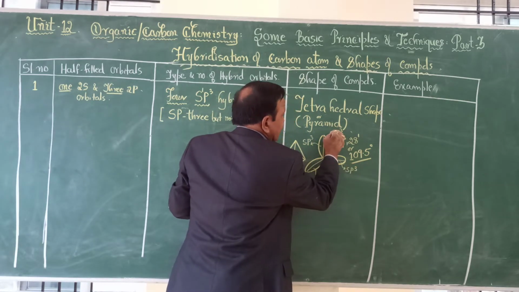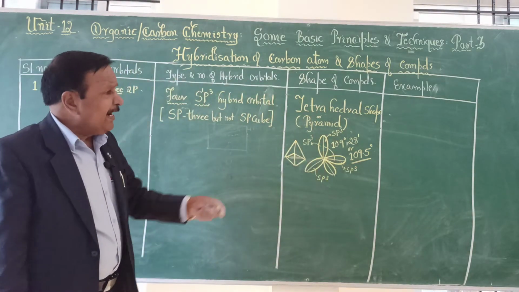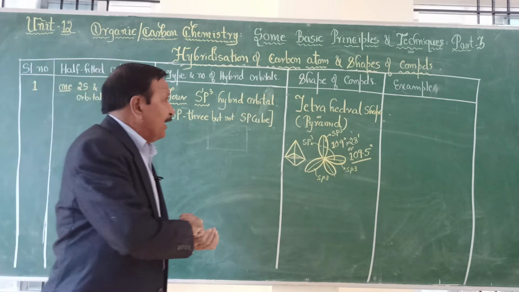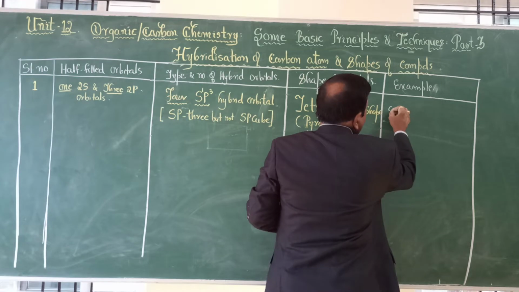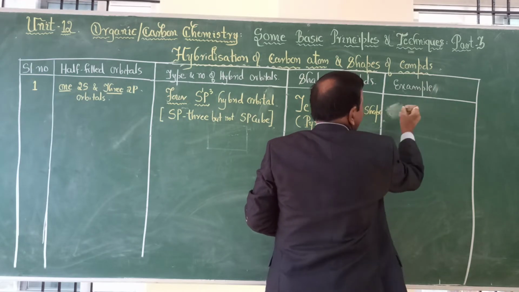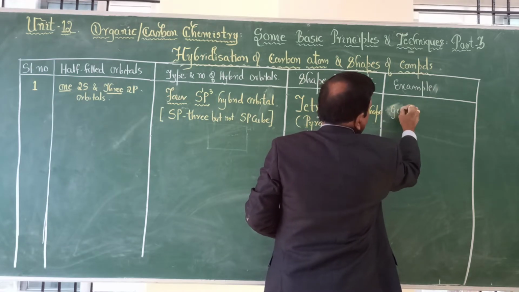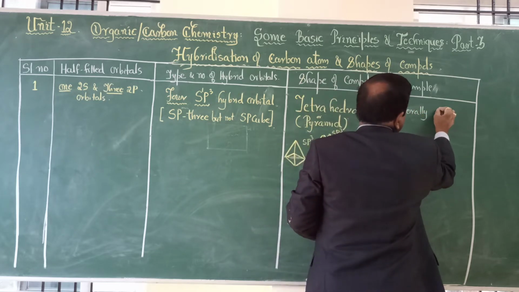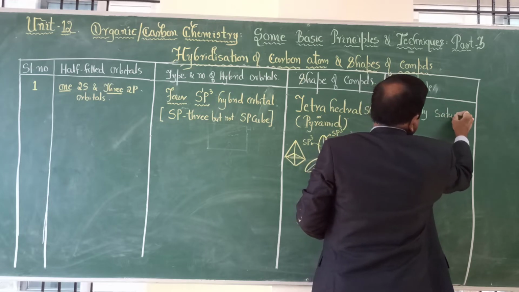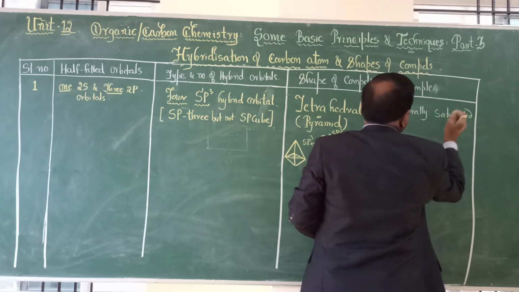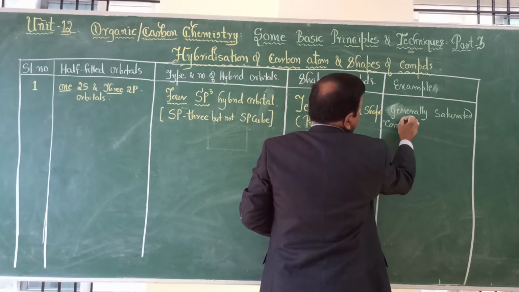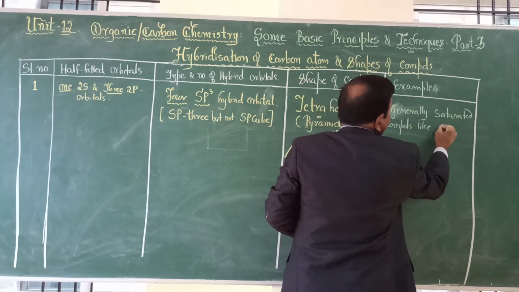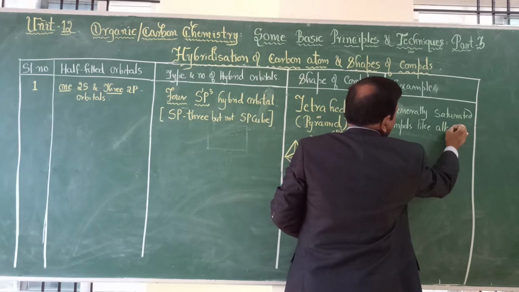In sp3 hybrid orbitals, we get only single covalent bonds, and examples for this will be generally saturated compounds, like alkanes or any others.